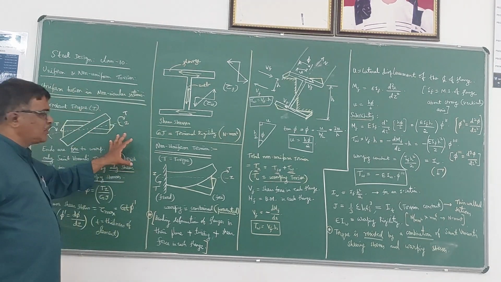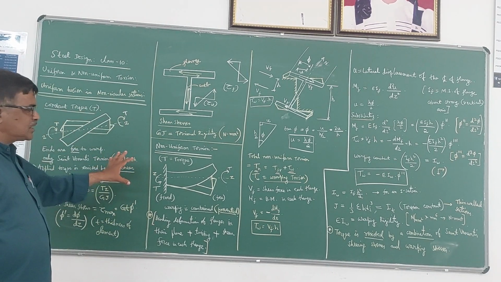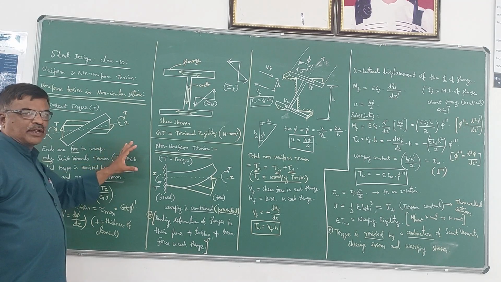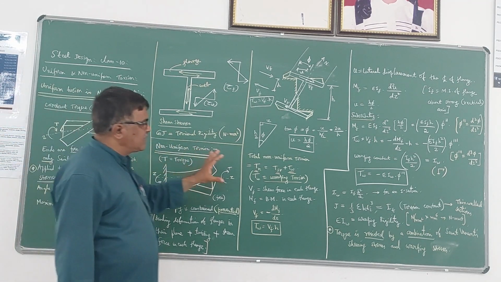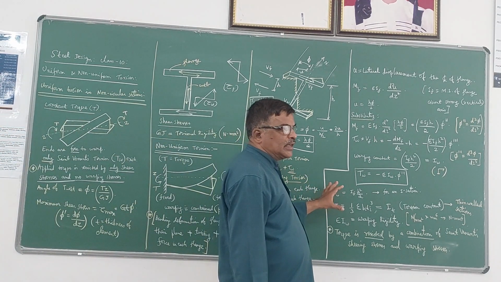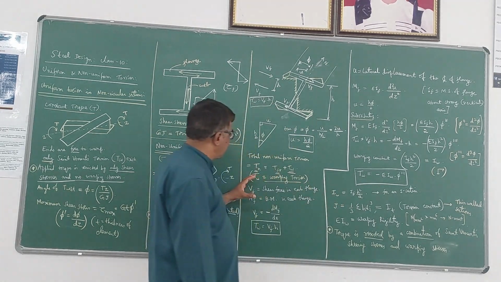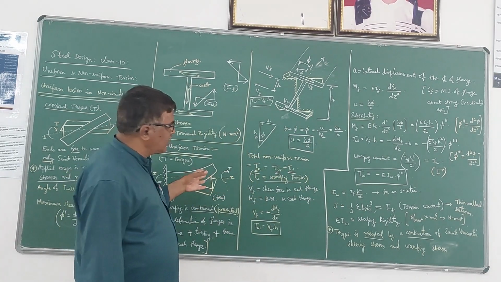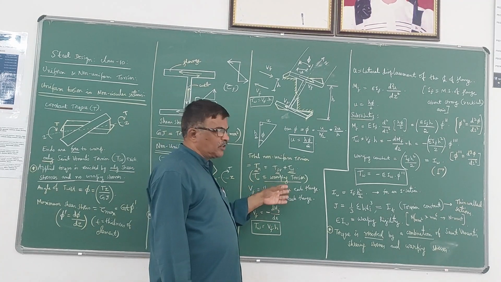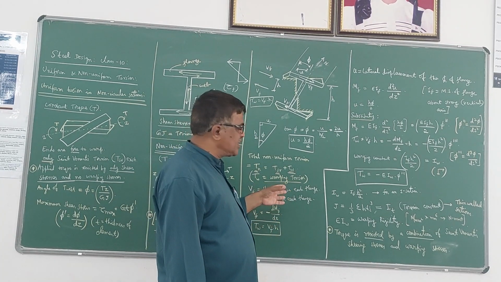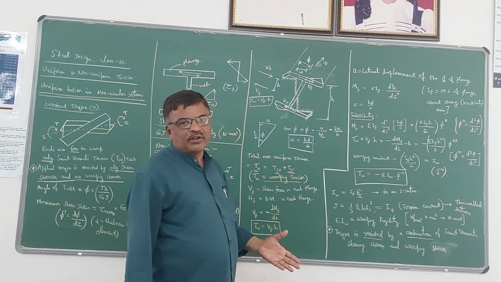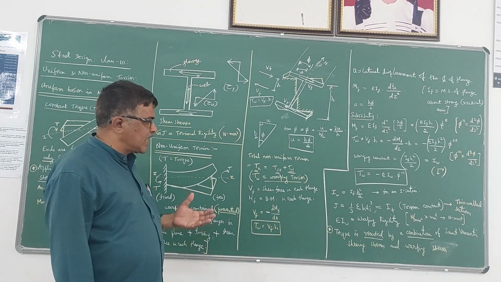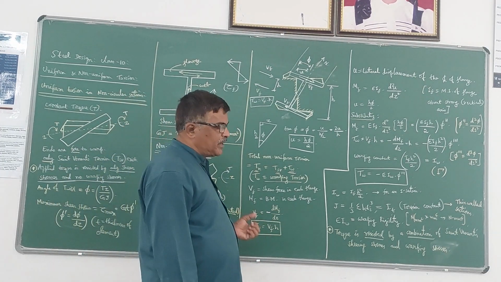In the case of uniform torsion, torque is resisted by only shear stress, and there will not be any warping stress, whereas non-uniform torsion is a combination of St. Venant torsion and the warping torsion. So the torque is resisted by both St. Venant's shearing stress as well as the warping stresses.